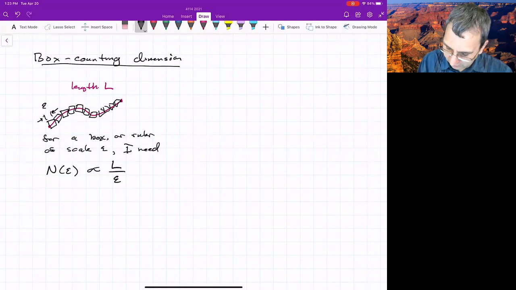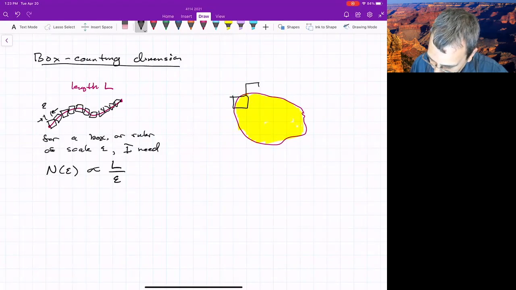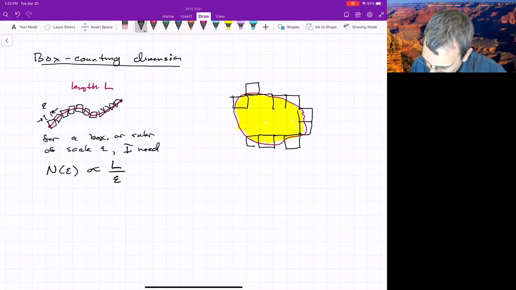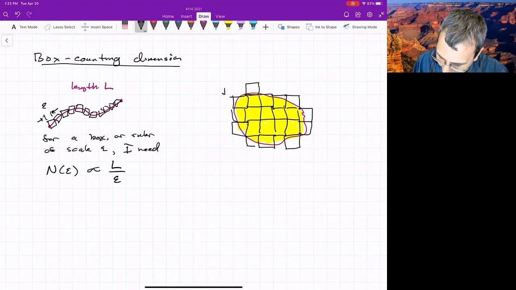If I've got an area, and I don't mean just the boundary curve, I mean the area inside. If I were to just count the boxes that this touches, I guess it touches that box, this one, touches quite a few, actually. I'm just getting the boundary boxes because those are the difficult ones. So all of these have a scale epsilon.